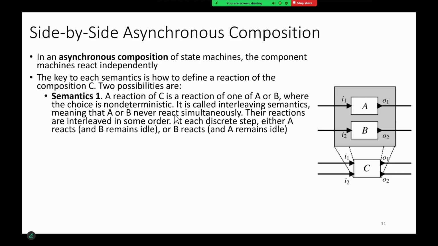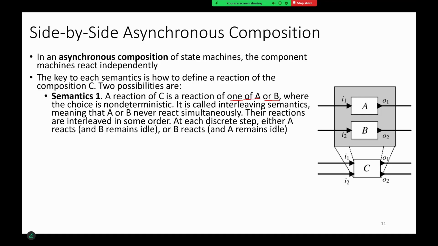The semantic 1, the reaction of C is a reaction of A or B, where the choice is non-deterministic. So either A will respond or B will respond, but the choice of A or B is non-deterministic. This is asynchronous. They don't cooperate together from its name, right?